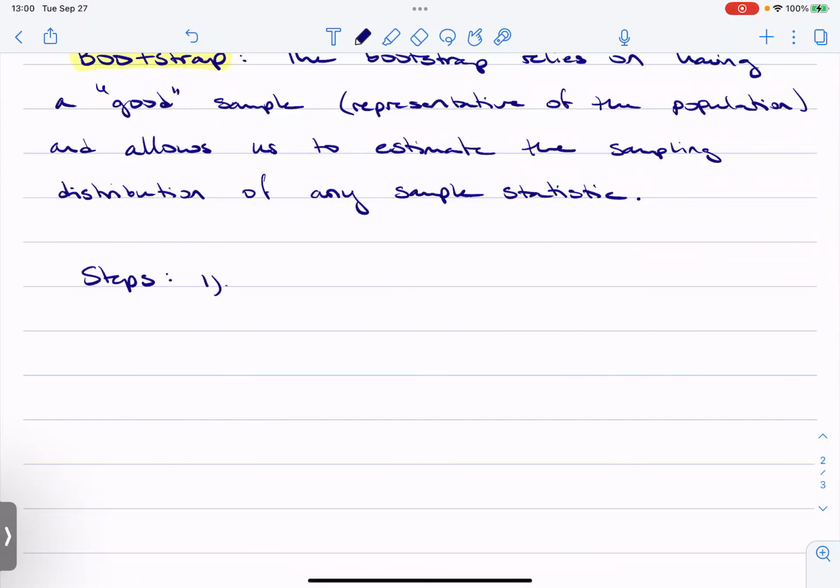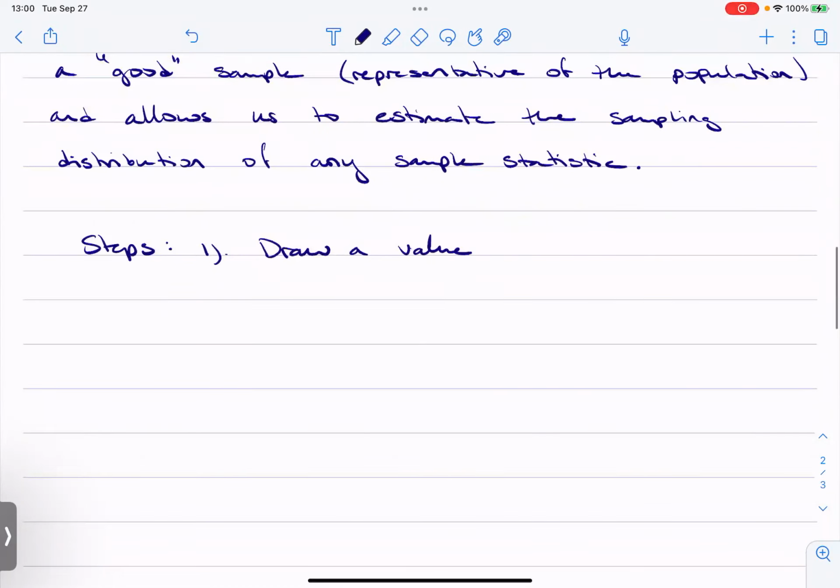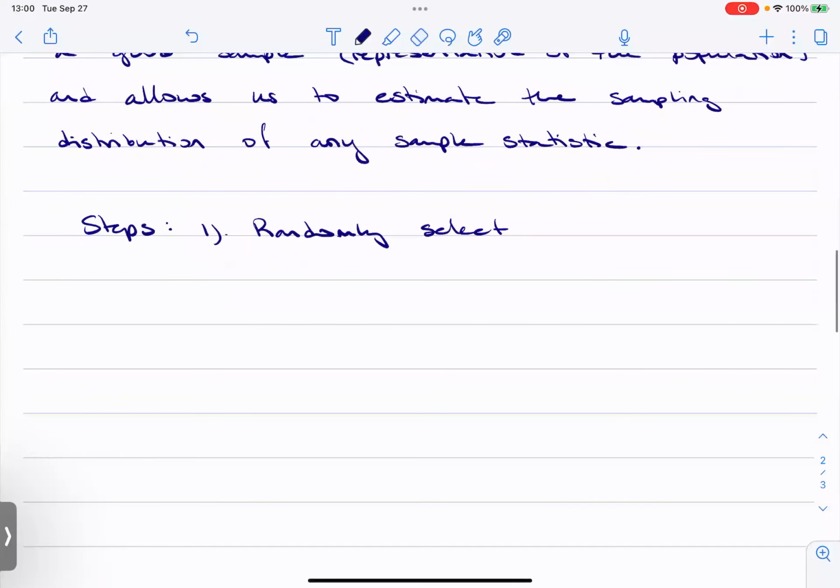Step one, randomly select a value from the original sample. Let's be proper about it.